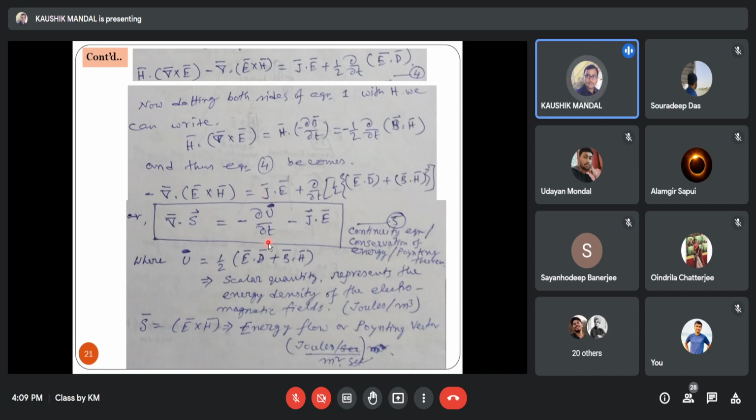The energy that was stored in the form of electric and magnetic field is decreasing, and there are some ohmic losses in the system itself. So one is the loss in the stored energy, one is the loss due to the ohmic loss, and this total loss will be equal to the total energy outflow.